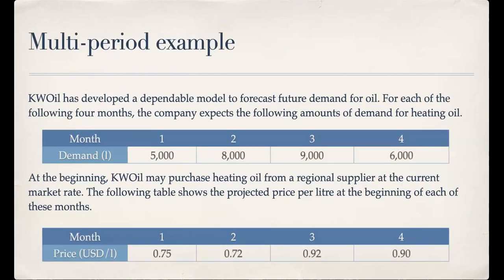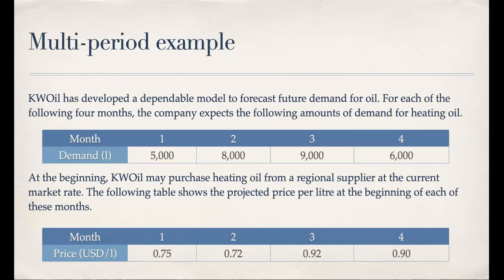Okay, so we move to the next problem. We call this type of problem a multi-period optimization problem. Later, if you are working on optimization problems, some of you may need multi-period optimization.